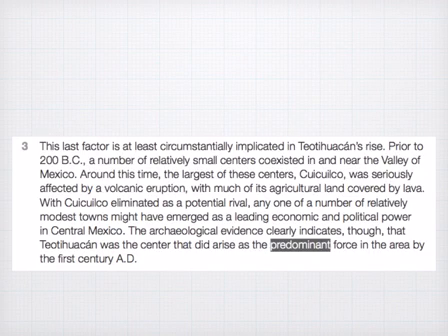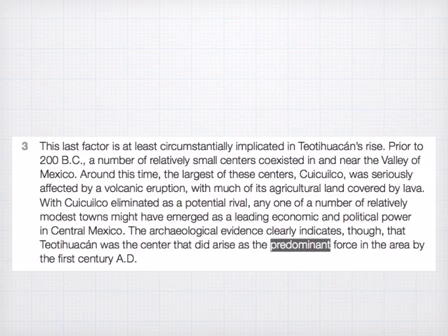Now, if we take a moment to look through the text, we can scan through and try to find the key points that we're looking for. Looking like we did at the other questions, if we look at the first sentence, this last factor is at least circumstantially implicated in Teotihuacan's rise prior to 200 BC. A number of relatively small centers coexisted in and near the Valley of Mexico.